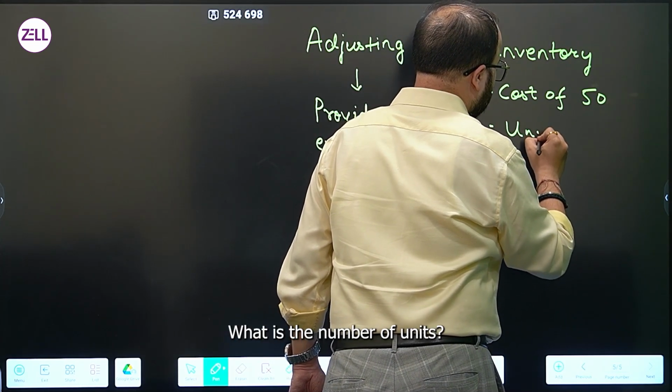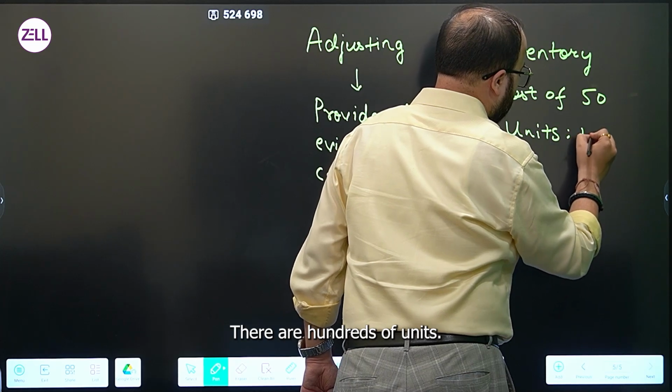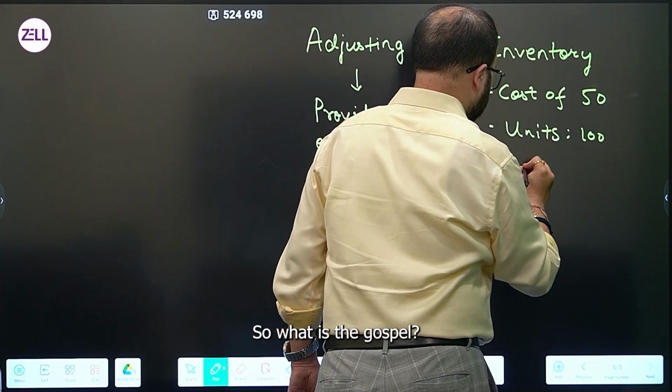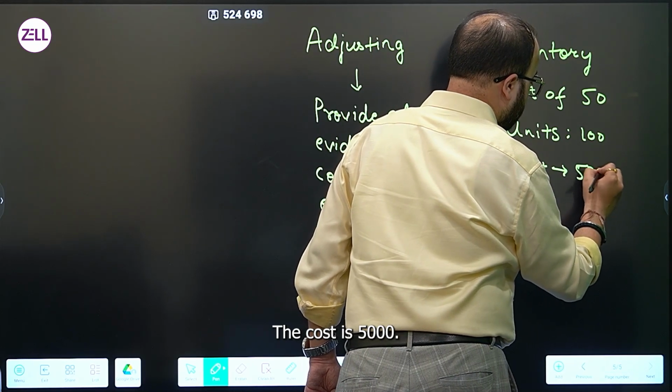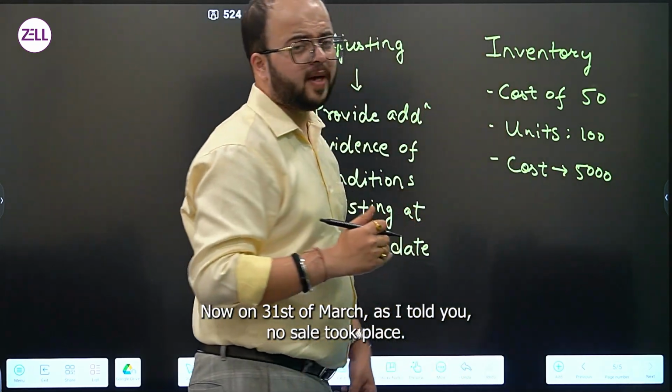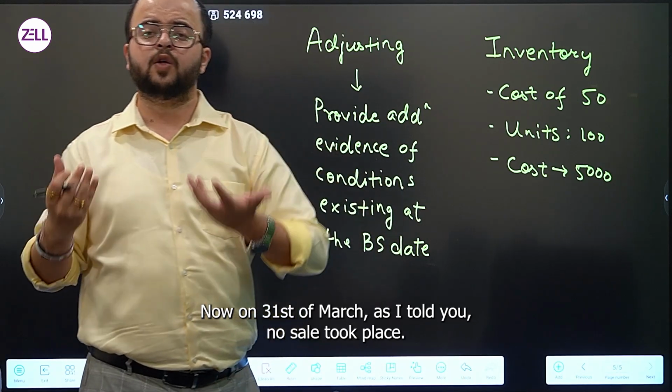And what is the number of units? There are 100 such units. So what is the cost? The cost is 5,000.